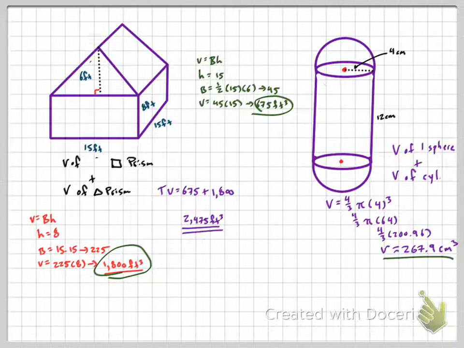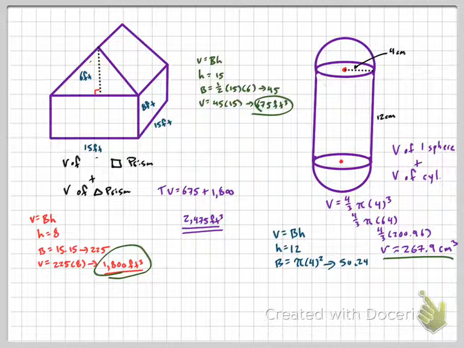Now our cylinder, same as a prism. Volume equals area of the base times the height. If we look at our cylinder, our height is 12. And then our base is going to be pi r squared. So that's going to become 16 times 3.14, 50.24.